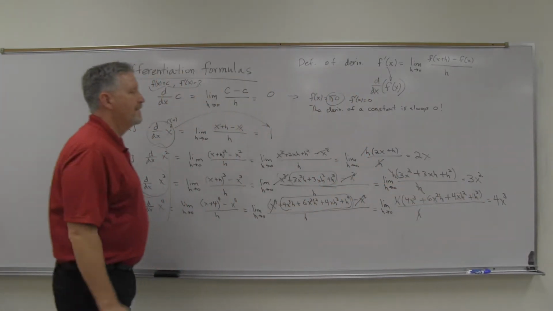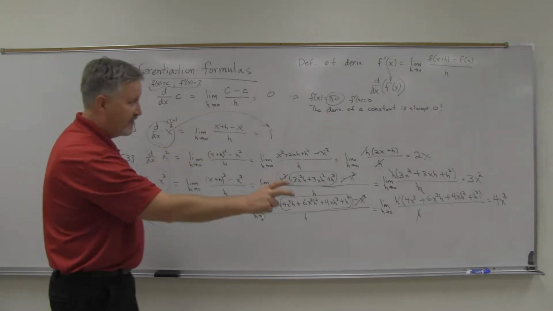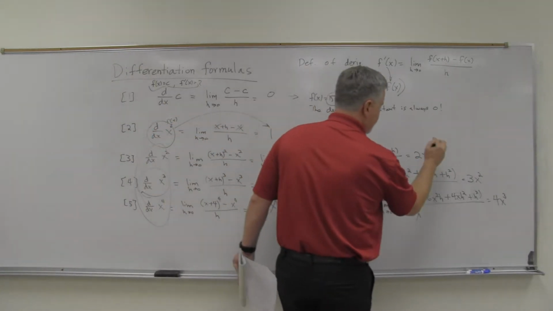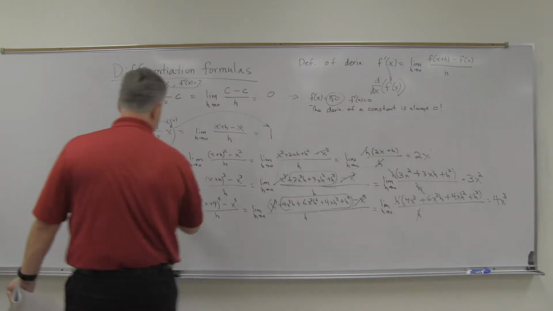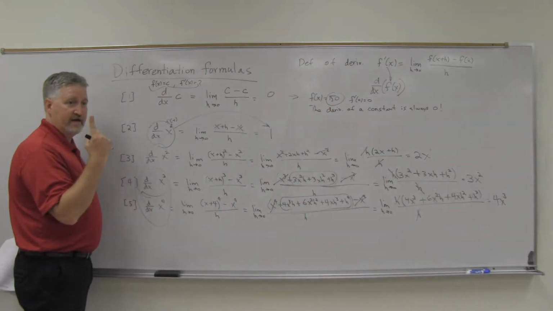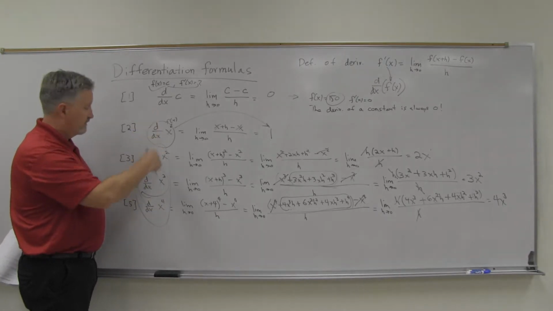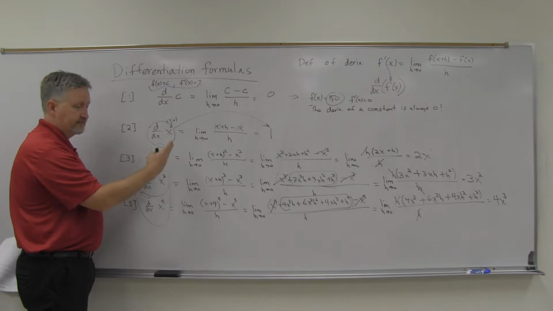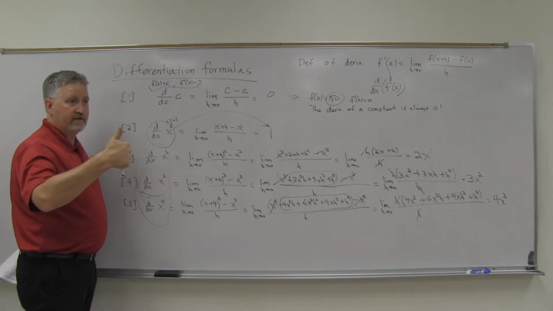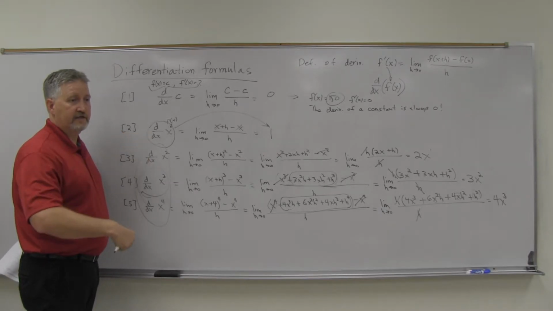What's the pattern? Well, if you just look at the power, what happened to the power? That's 1 power, that's 2 power, that's 3 power. The power went down by 1, didn't it? So when I do the derivative of a variable to a power, the power decreases by 1. So you're going to subtract 1 to get the new power.